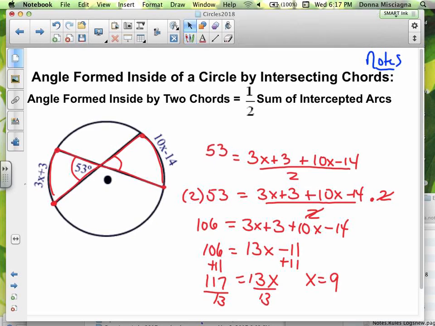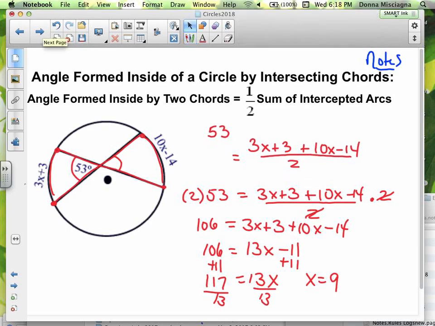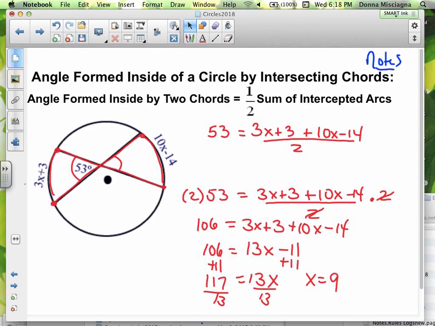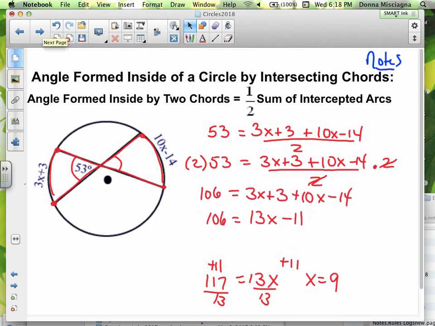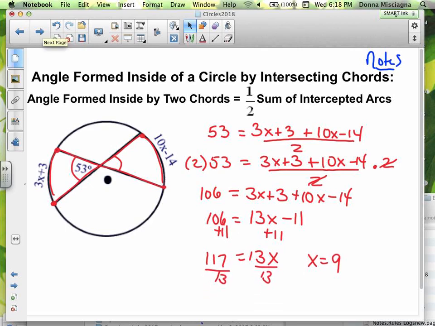So on these, really it's the exact same steps. It's just instead of just numbers, we're dealing with algebraic expressions. And you want to isolate that algebraic expression by multiplying both sides by 2 so that you don't have to deal with dividing everything by 2. That would not be as easy a problem, and you might have some weird decimals or fractions to deal with.